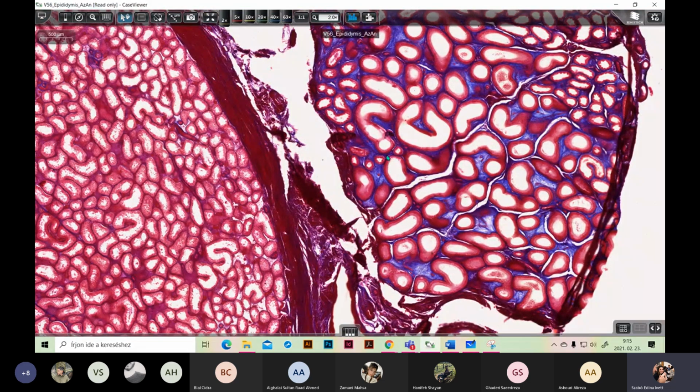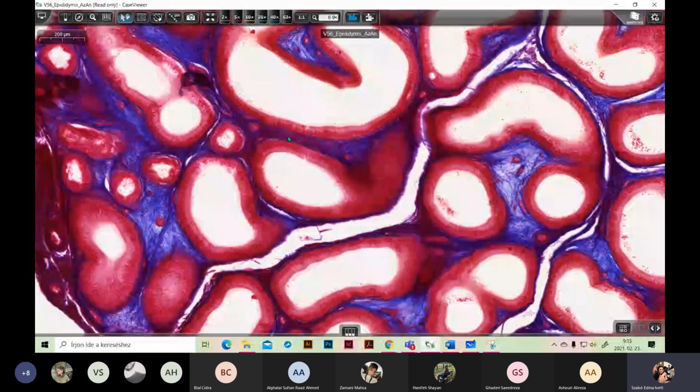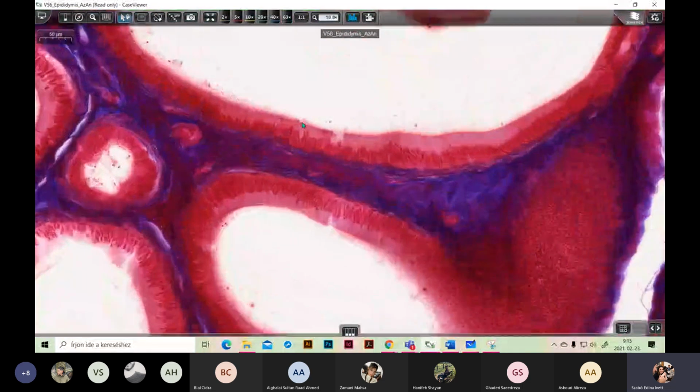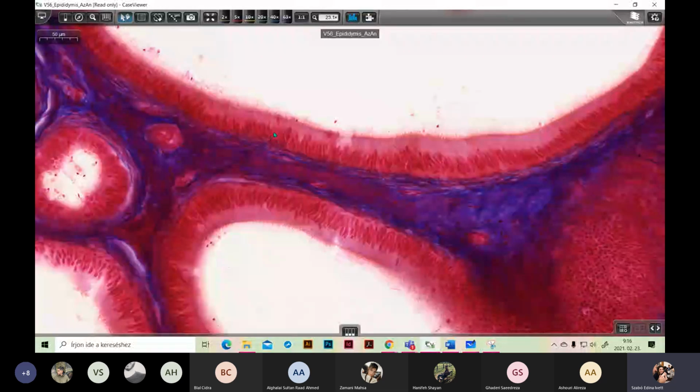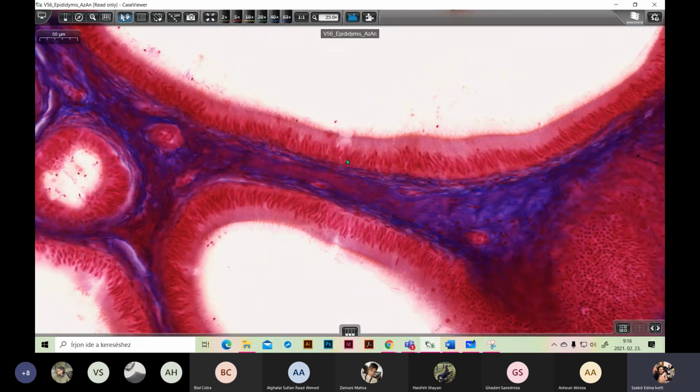Azan staining, carmine aniline blue, connective tissue fibers will be blue because of the aniline blue. And the other parts of the slide will be red. And if we see the nuclei, all of the nuclei have red color. That's why we have to be sure this is an Azan staining.